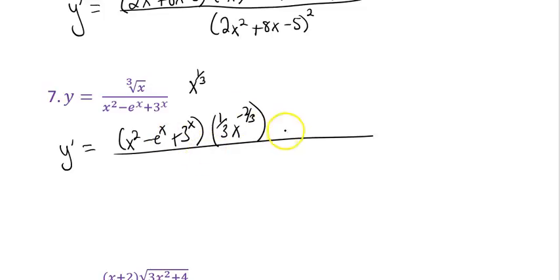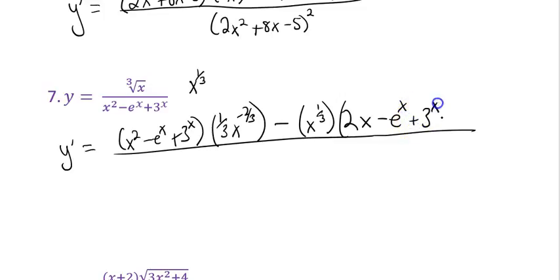So bottom derivative of the top minus the top derivative of the bottom all over the bottom squared.